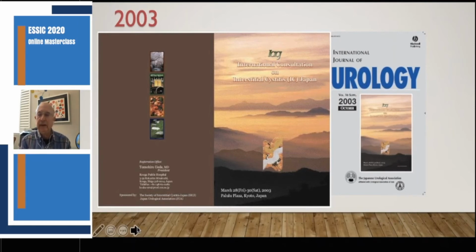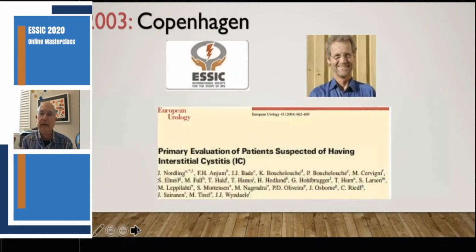And this was a very important meeting, which basically served to show that we needed to come together much better than we had in the past in order to better study this disease. Everyone had different ideas about what was included under the rubric of interstitial cystitis.